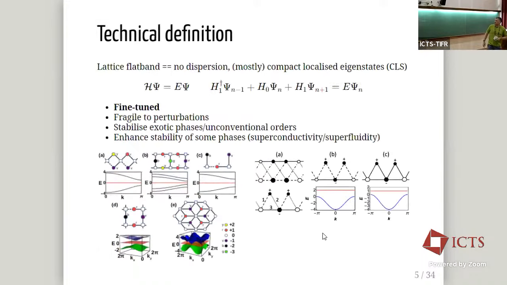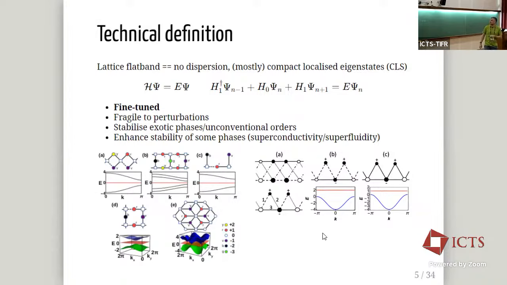So the more technical definition: a lattice flatband I'm going to talk about is a dispersionless band in a tight binding network with short range hopping. In that case, they typically host compact localized states. You can show that you can find eigenstates of such a band which occupy a strictly finite piece of the lattice.